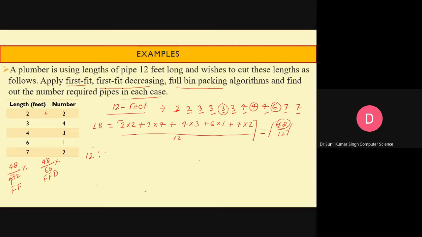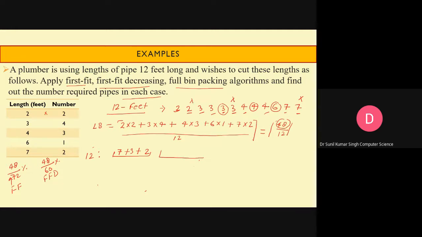So if we form groups, if we have 7, then next we can have 3, and then next we can have 2.